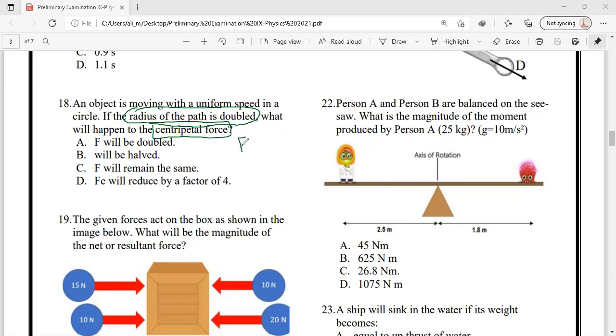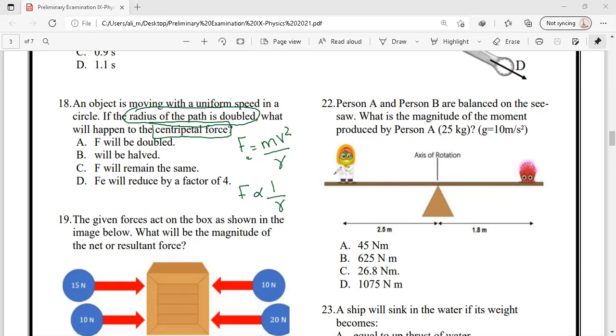The relation of centripetal force is mv square over r. From this relation, we can see that force is inversely proportional to the radius of the circular path. If we increase the radius, force will decrease by the same factor. And by decreasing the radius of the circular path, the force will increase by the same factor.